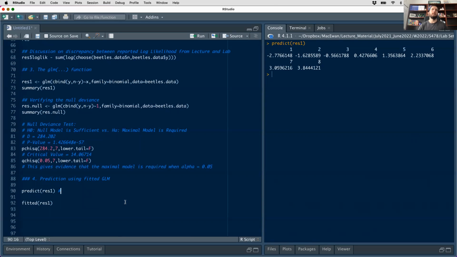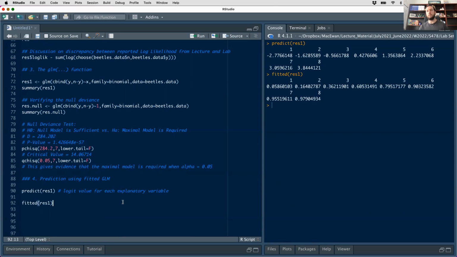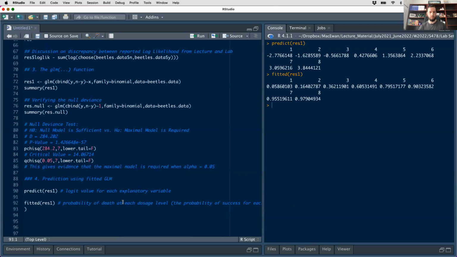So this is logit. Okay. And the fitted function gives us directly the probability of success. So in our case, this would be the probability of death at each dosage level, which is the probability of success for each explanatory value.